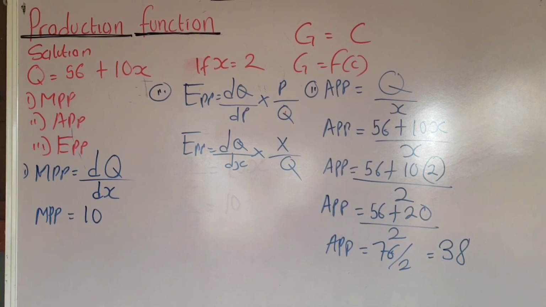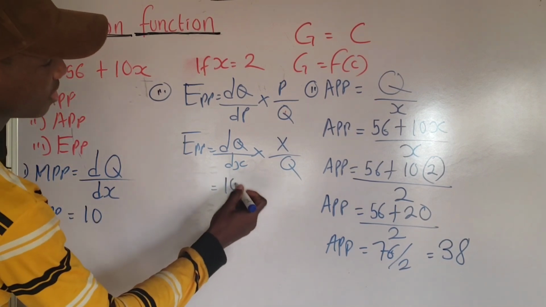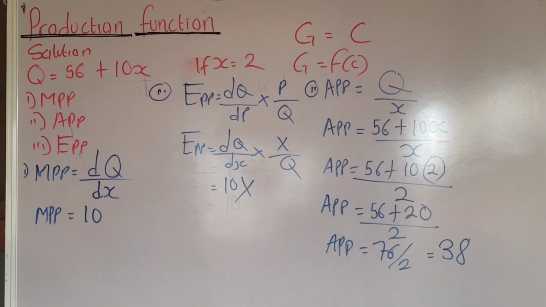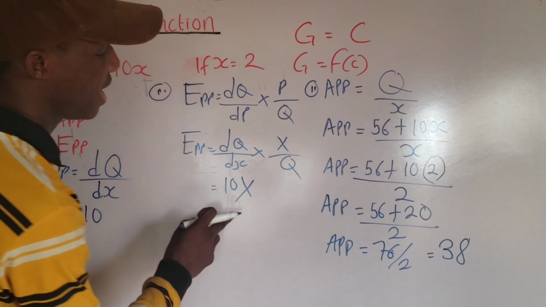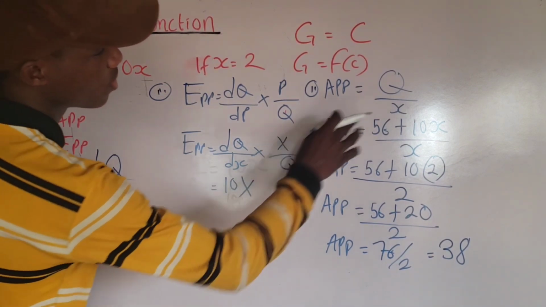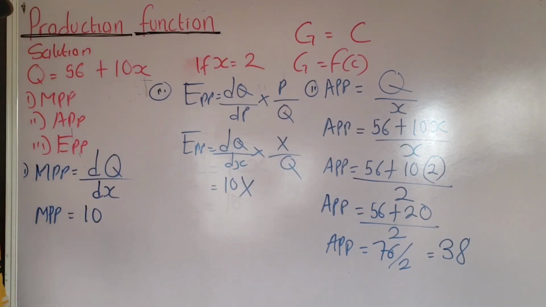Now, the dQ over dX is what? It is 10. So I'm going to have 10 multiplied by X over Q. X over Q simply means the inverse of Q over X. And if you take the inverse of Q over X, that will be 1 over APP, 1 over average physical product.